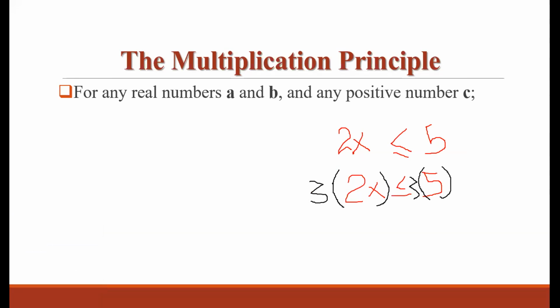Now, when it comes to multiplying a constant that is a real number, you realize this inequality is going to remain the same because you can mean to say divide by 3, and this 3 can cancel out, this 3 can cancel out, and you're going to remain with the same 2x is less than or equal to 5.